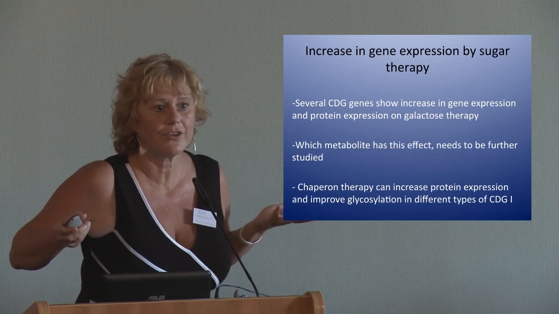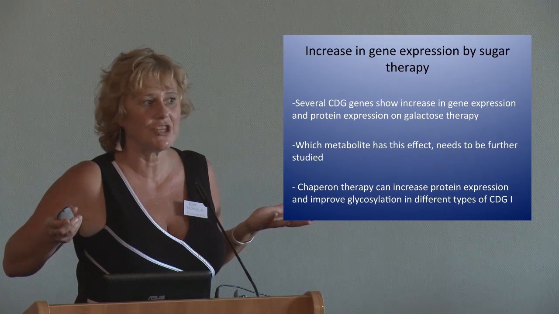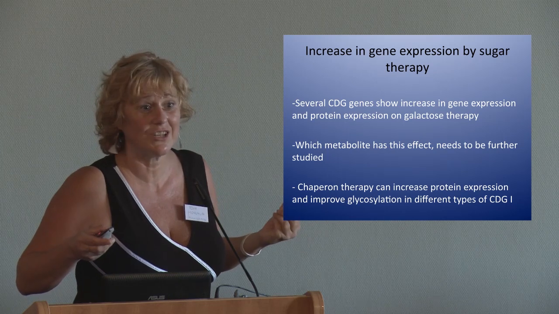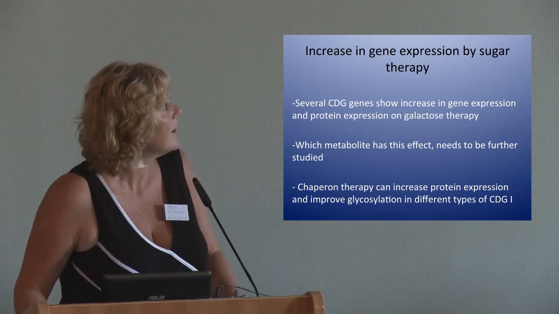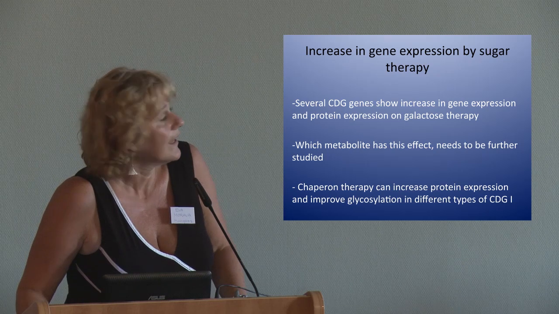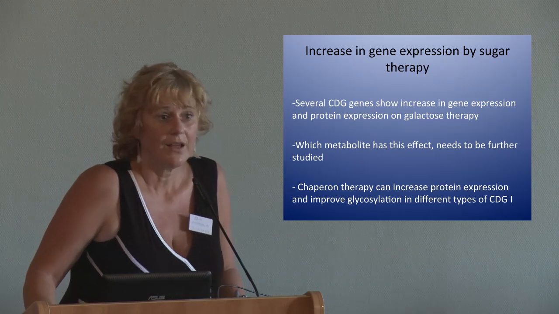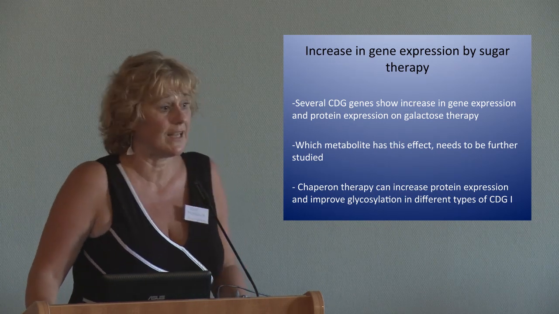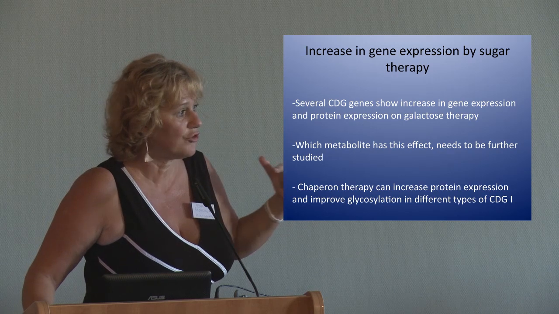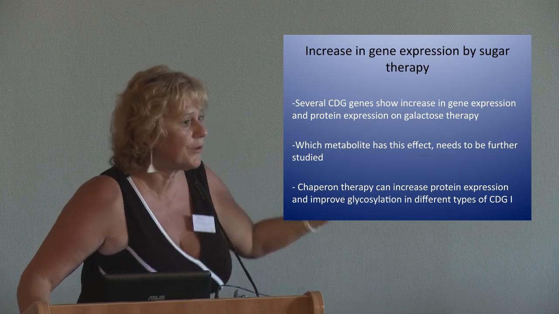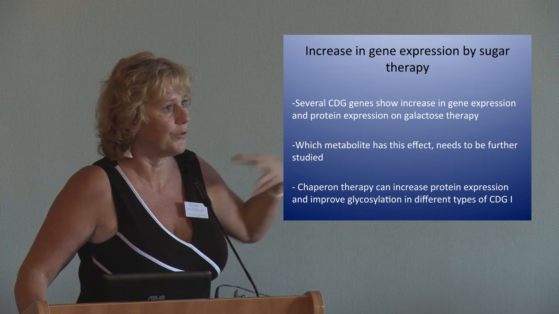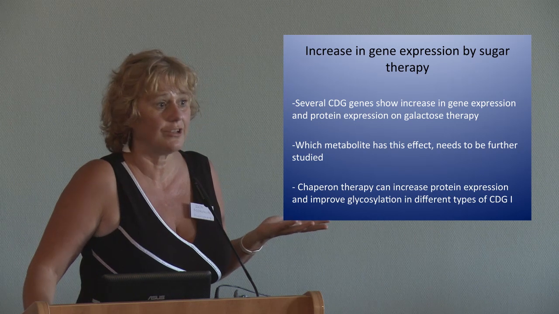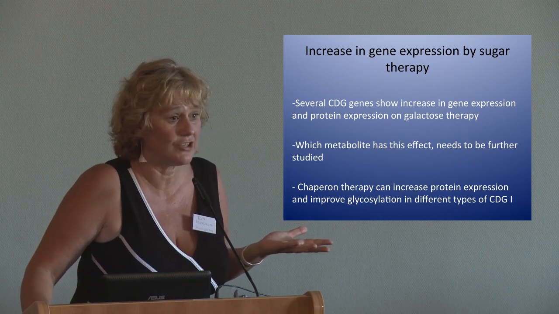So somehow galactose seems to activate these genes even in healthy people, not just in CDG patients. So that would make us think that maybe galactose has more relevance than just for PGM1 deficiency, because if it affects our gene expression, how much protein we make through different CDG genes, then galactose can maybe be beneficial for other types of CDGs.